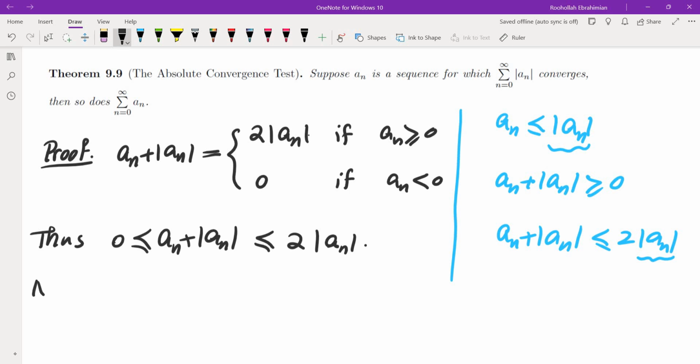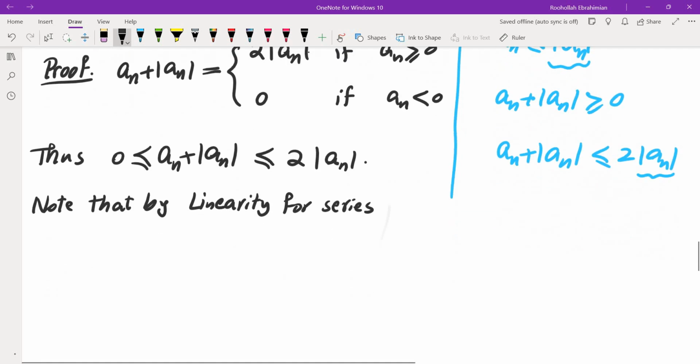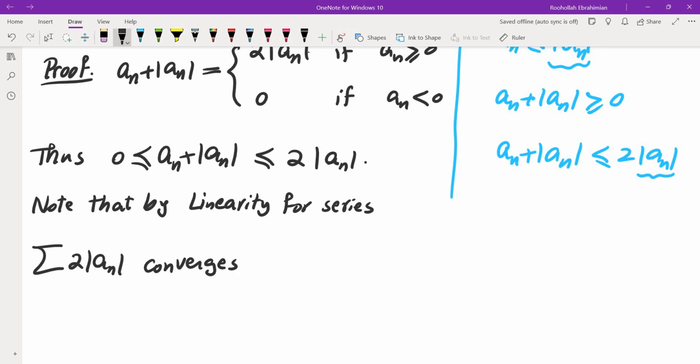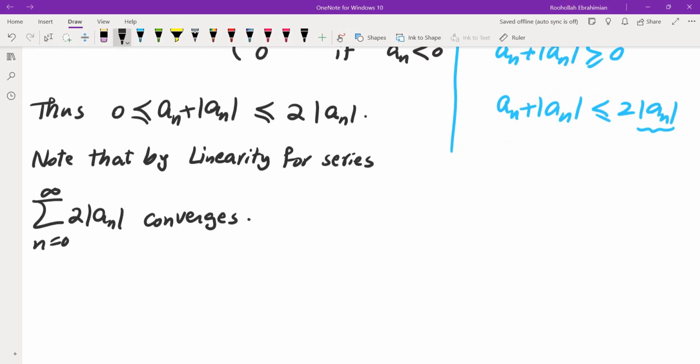Now, note that by linearity for series, the series twice the absolute value of a_n converges, because if a series converges, then if you double each term, you also get a convergent series. So now we can apply the comparison test.